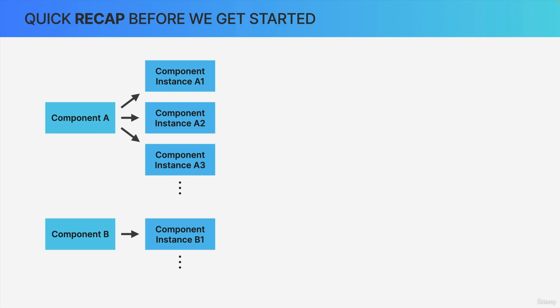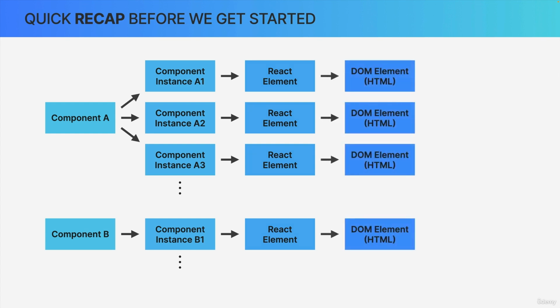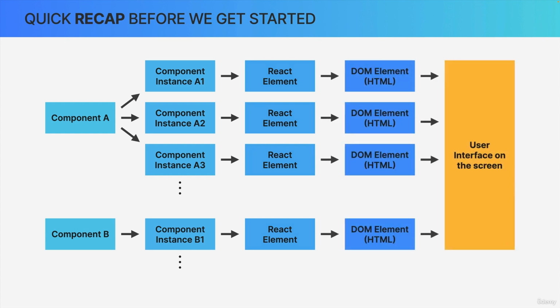Now, as React calls each component instance, each JSX will produce a bunch of react.createElement function calls, which in turn will produce a React element for each component instance. And so this React element will ultimately be transformed to DOM elements and displayed as a user interface on the screen.